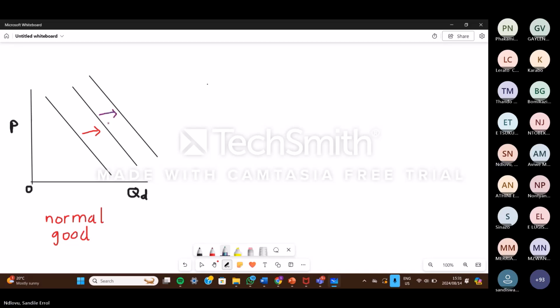Okay, so I'll just make an L for luxury, and here I'll make it N for normal good. And then here I'll make it black for an inferior good.